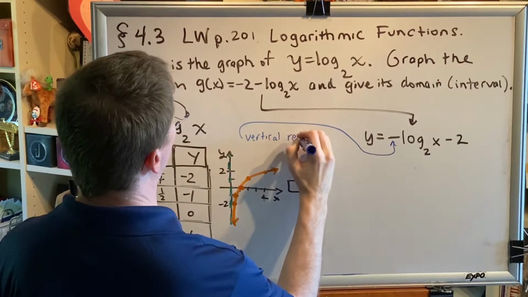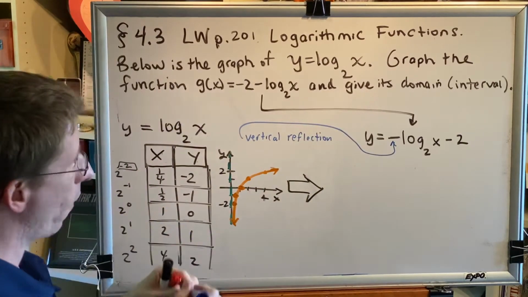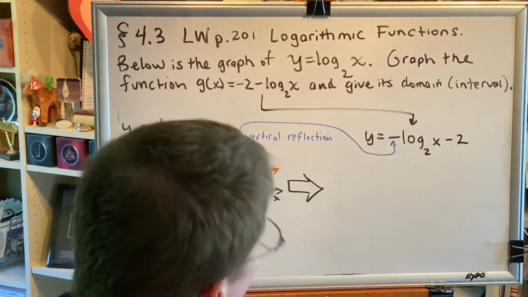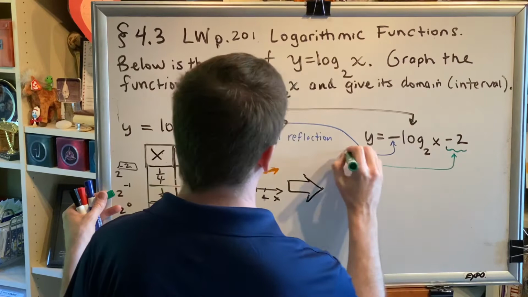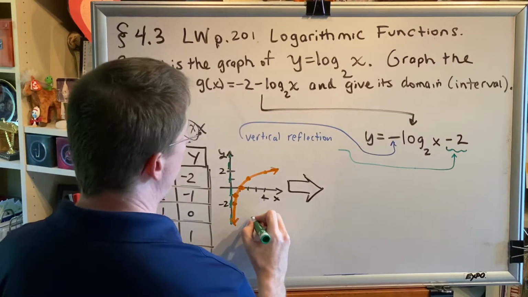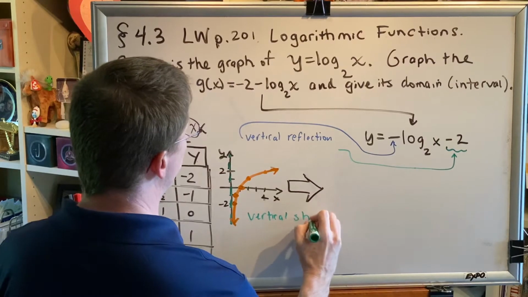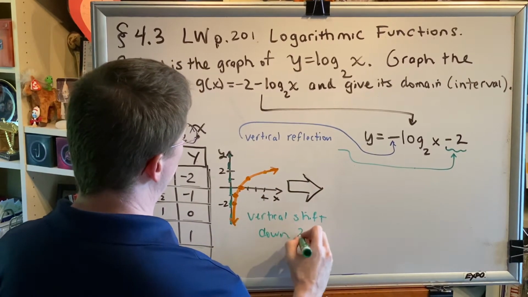All right, and then finally, the last thing we look for is adding or subtracting outside far from x, which we see right here in this subtract 2. And so that is going to be a vertical shift. And because it's subtract, it's down 2.